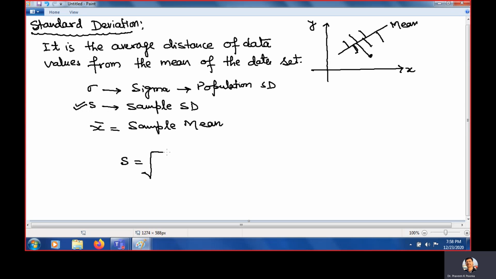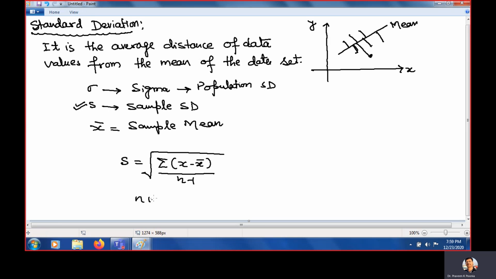It is s equals square root of sigma x minus x bar. You need to take the values of x, evaluate the value of x bar, then subtract it and then find the sigma of all those values and divide by n minus 1. What is n? N is the total number of data points.